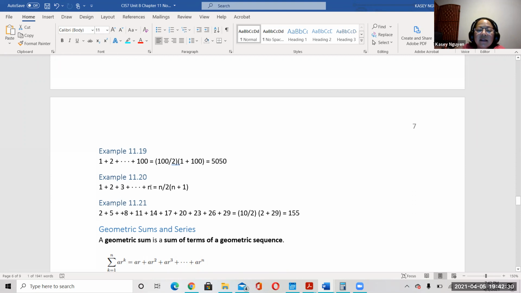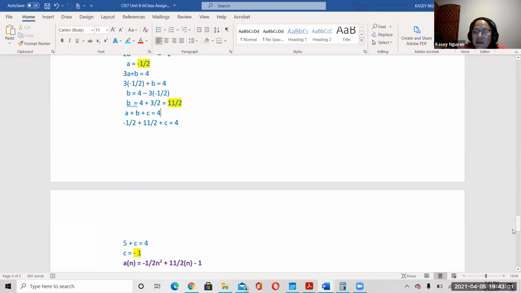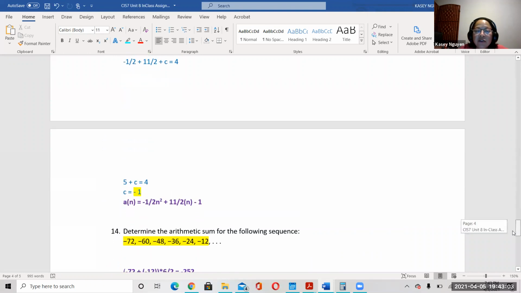Again, you take n plus 1, the last number plus the first number, and multiply it by the total number of terms divided by 2, which is n divided by 2. Or we can sit there and add it up forever. So for the test, just know how to do Gauss trick for arithmetic series.